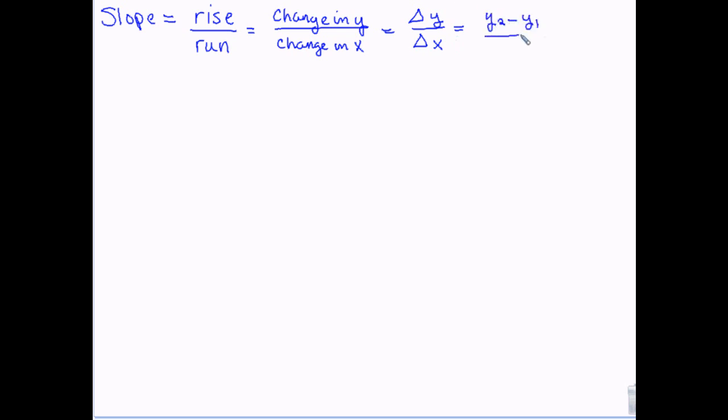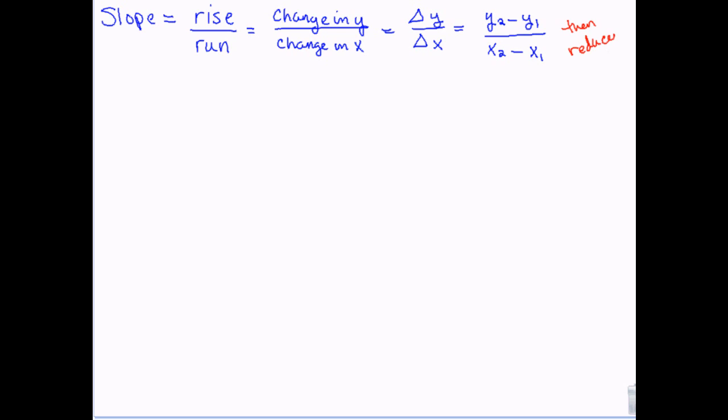You take the second y and subtract the first y from it, you take the second x and subtract the first x from it, and then you reduce if you need to. So that's how you find slope.